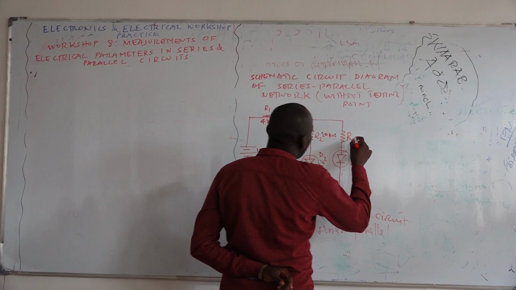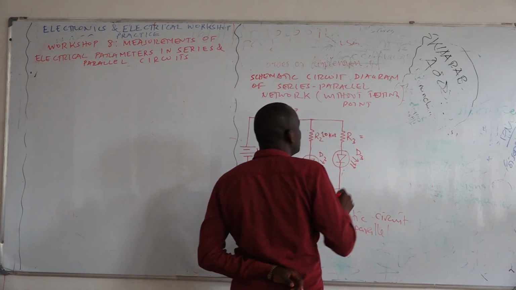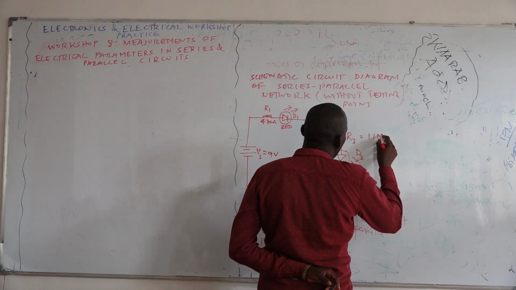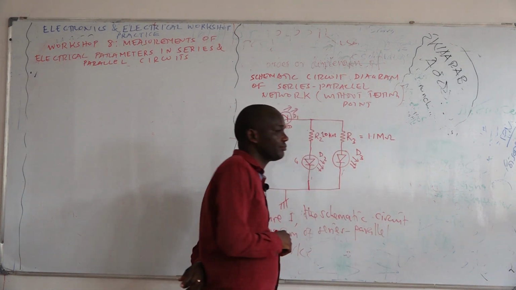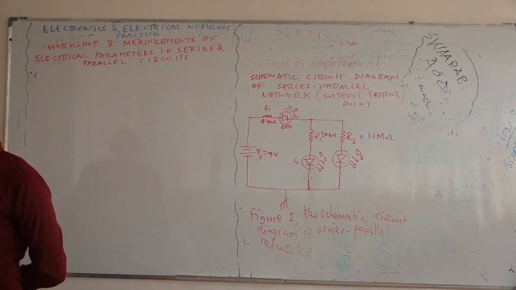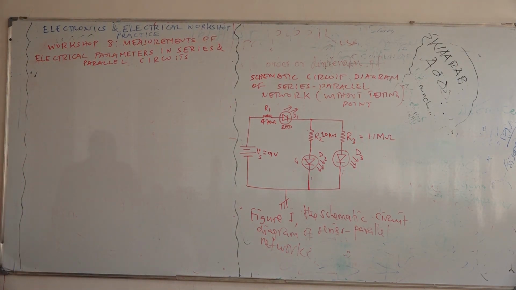Then R3 is equal to 1.1 mega ohm. So now our schematic circuit diagram is no longer general. It's specific. Right? Are we together? Yes.